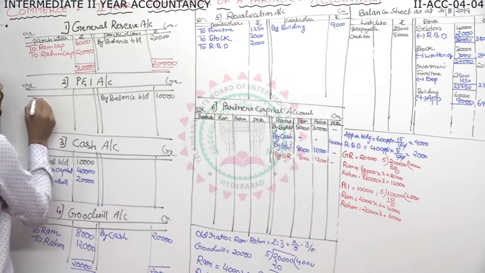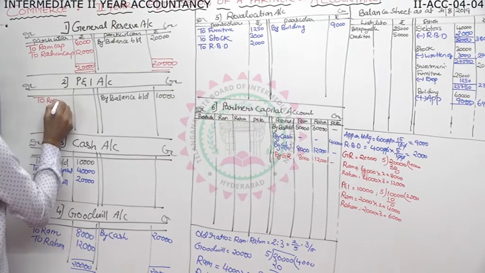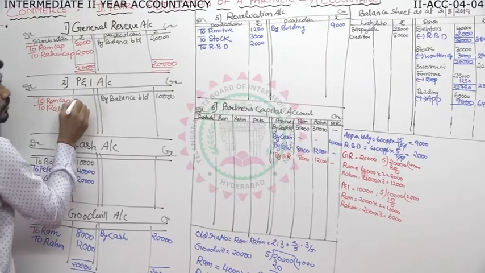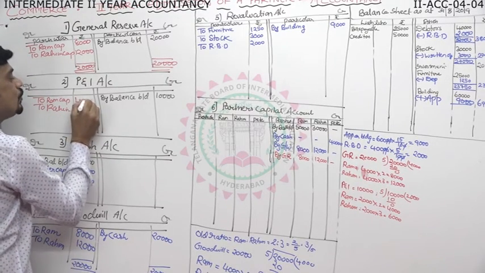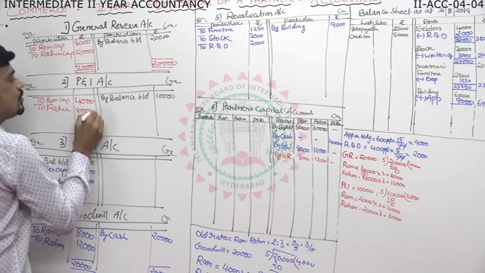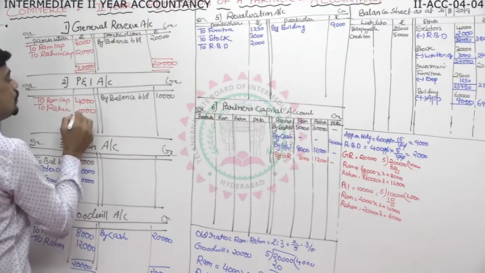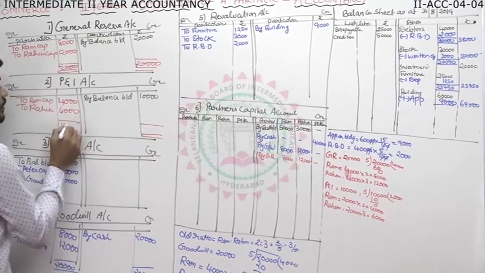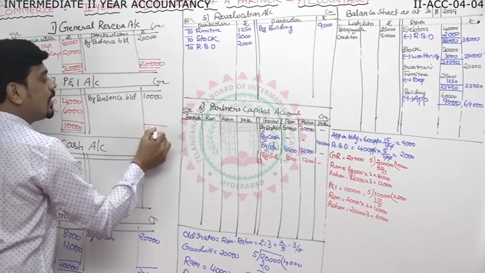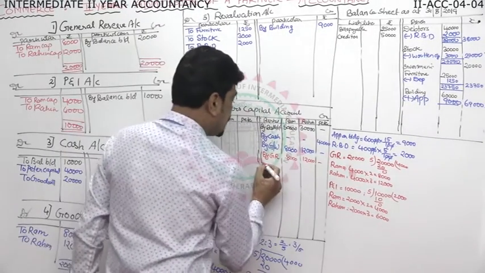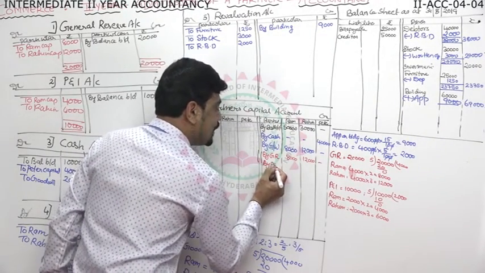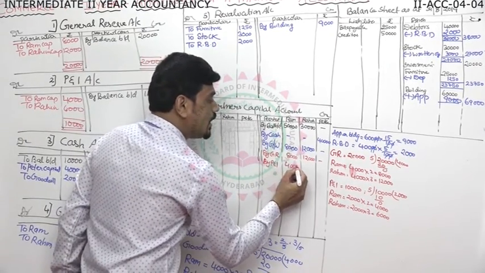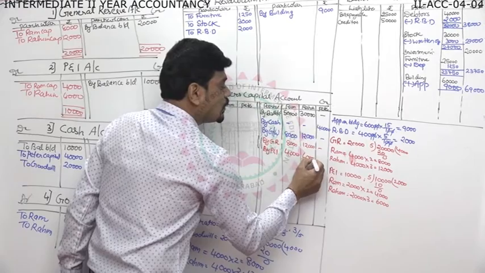So again, I'll go to profit and loss, to Ram capital, to Rahim capital. So Ram gets a share of 4,000 and Rahim gets a share of 6,000. So this also is closed. 4 and 6, 10,000 balanced. Second effect, again in partners' capital by profit and loss account, 4,000, 6,000.